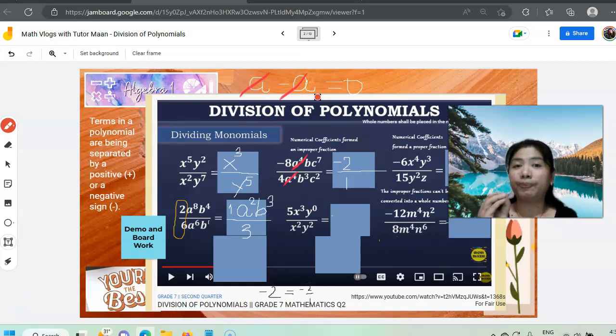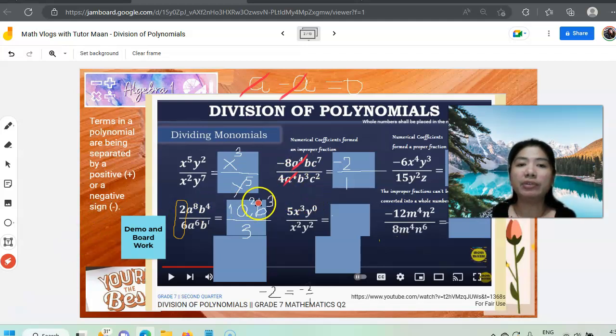So the answer for the cancellation when adding or combining is 0, which is the identity element of addition. Okay, so be mindful of that. There are two kinds of cancellation: the cancellation when combining terms, adding, subtracting, and the cancellation when we are multiplying or dividing. So the answer when cancelling variables under the operation division is 1. So a to the 4th divided by a to the 4th is equal to 1.